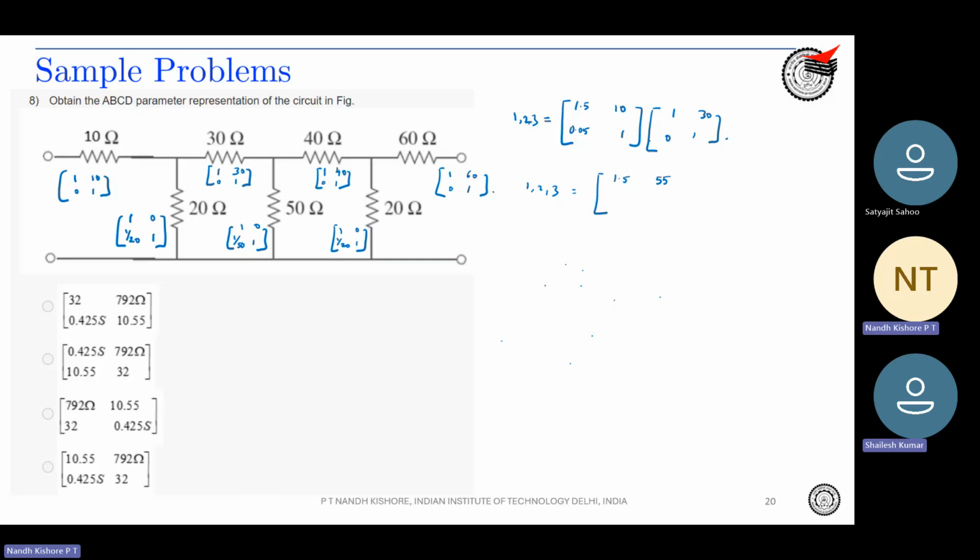And then it would be 0.05 and 30 into 0.05 is 1.5. Sorry, 1.5 plus 1 would be 2.5. Okay, and I will multiply with this 4. 1, 0, 1 by 50 would be 0.02.